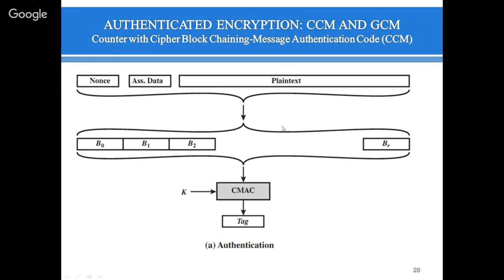If the same process goes on at the receiving end, and the tag they get is the same as the tag they received, then they come to the conclusion that the plain text is not altered. We can make sure that B0 is almost all your nonce value, and B1 and B2 can be your associated data, and the remaining information is of your plain text. All these will be encrypted with the key value, and you're going to produce the tag value.